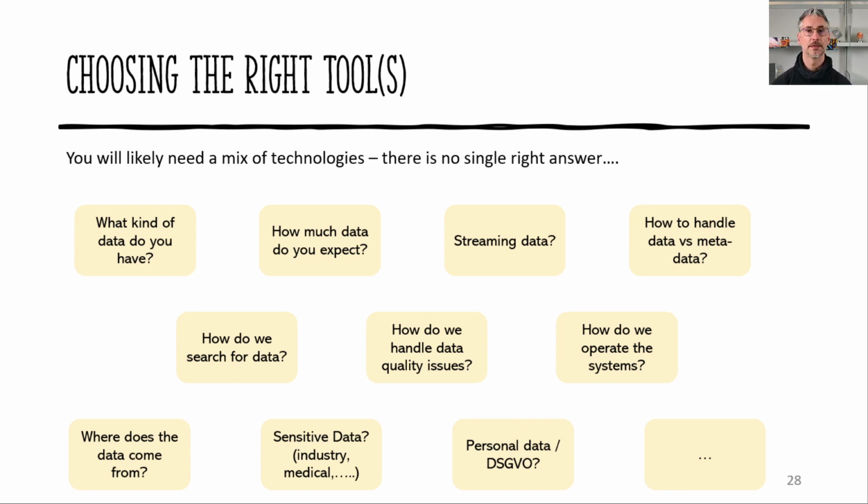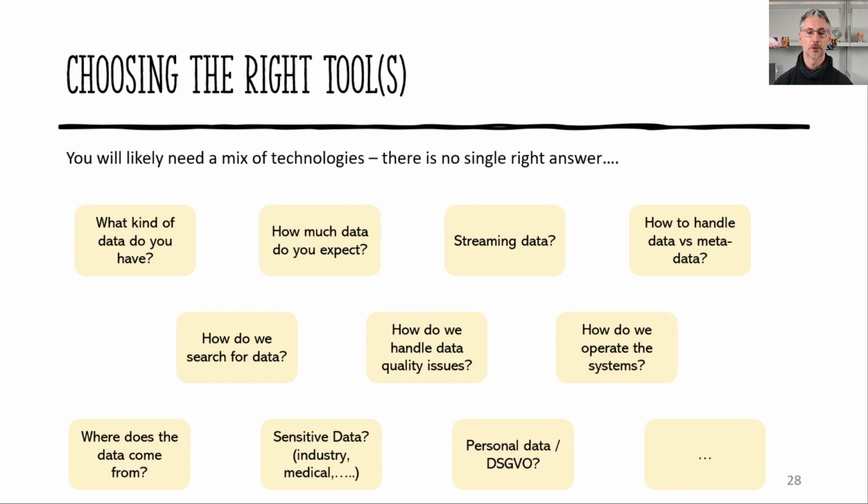How do we handle data and their metadata? How do we describe the data? How do we store the description of the data? How do we want to search for the data? How do we handle data quality issues? But also, more on the practical side, how do we operate the systems? Which expertise do we actually have, or can we get? What are people familiar with? It also limits our technology choices if we have a set of tools that are great but nobody can use them.